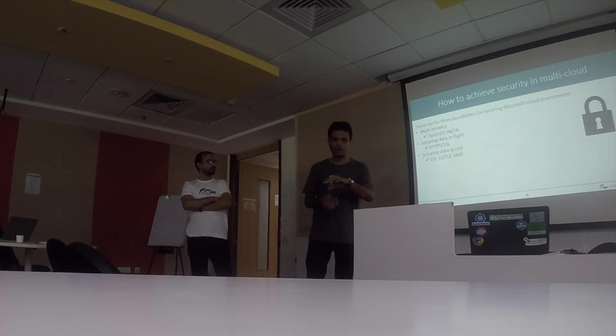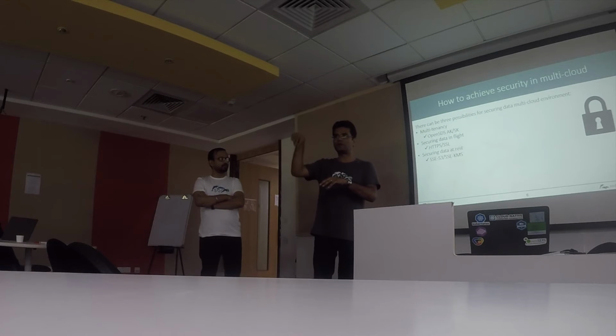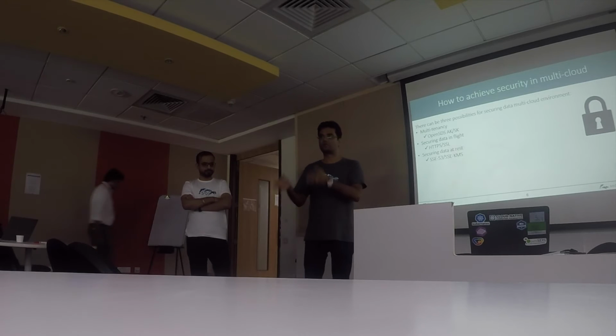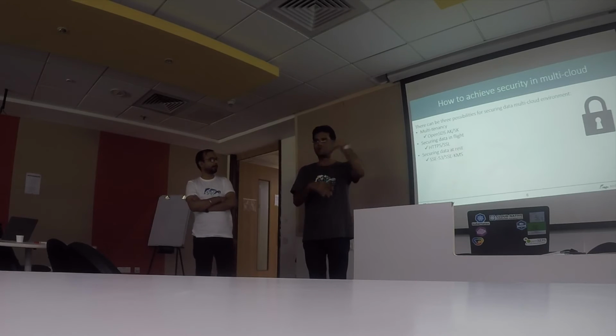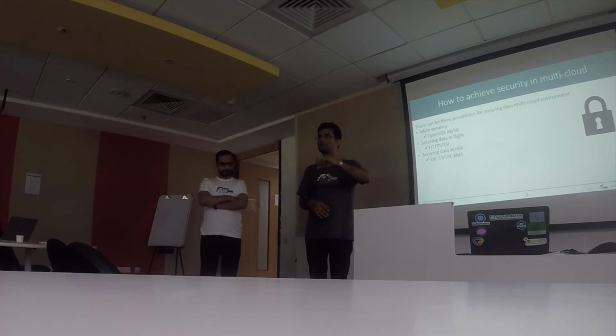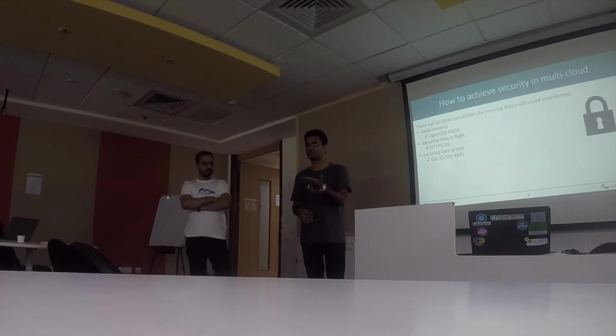Now, how OpenSDS does it is that whenever you are moving the data across the clouds, we use the native cloud encryption mechanism to provide the data security. Right? So for example, if I am putting my object in an Azure container or an AWS bucket, it can be secured using the KMS or the customer key or the server-side key.